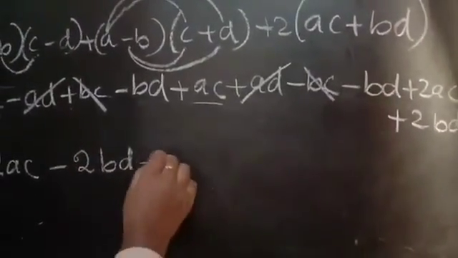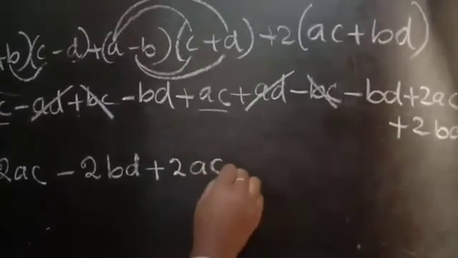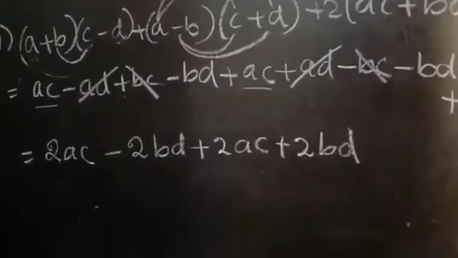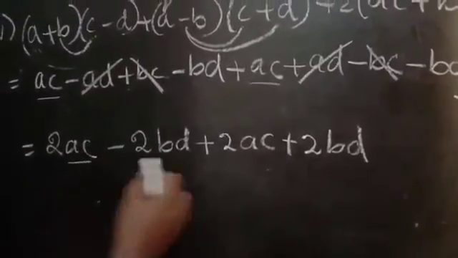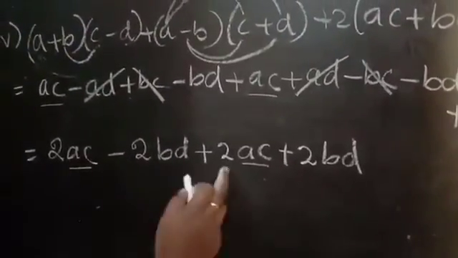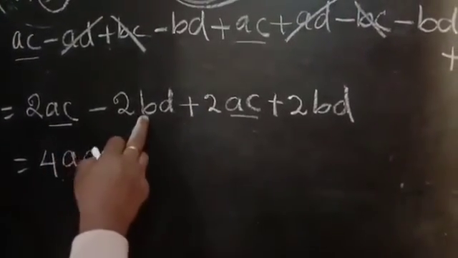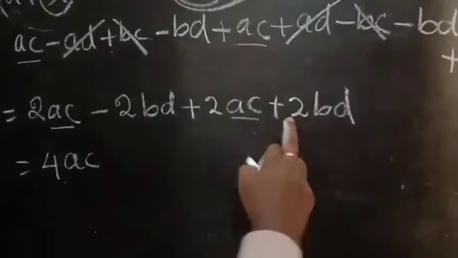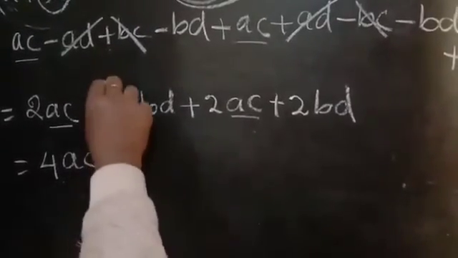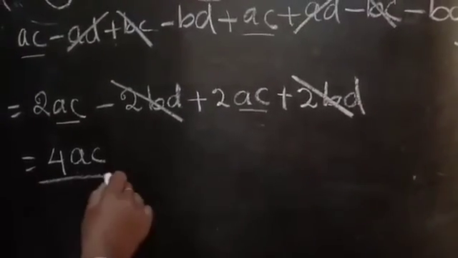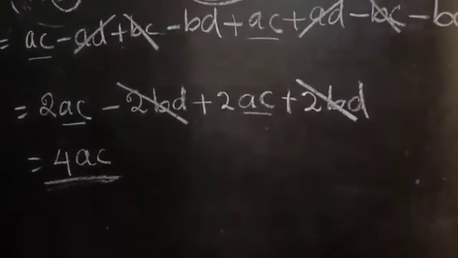So we have plus 2ac plus 2bd here. Now the same terms: the ac term, 2 plus 2 is 4ac. Then the bd term, plus and minus 2, so minus 2bd plus 2bd get cancelled. So our answer is plus 4ac.